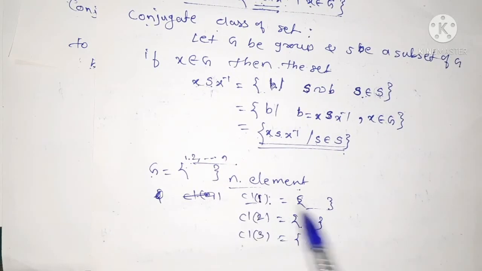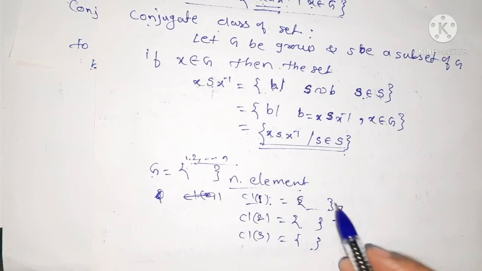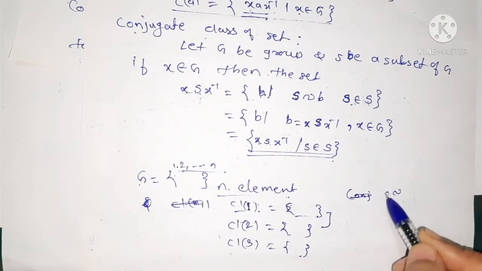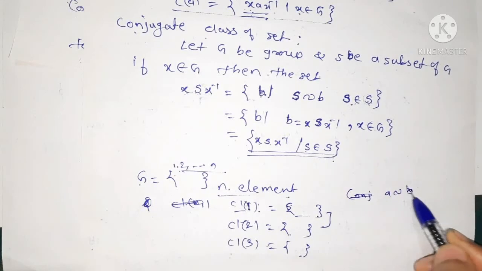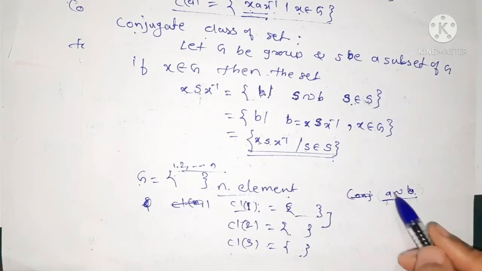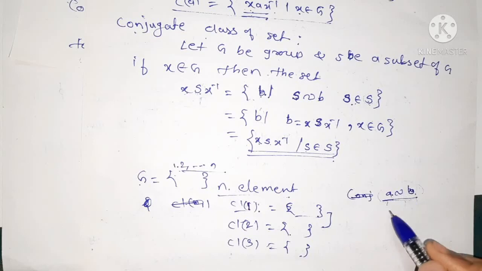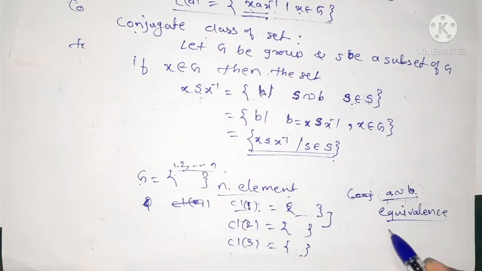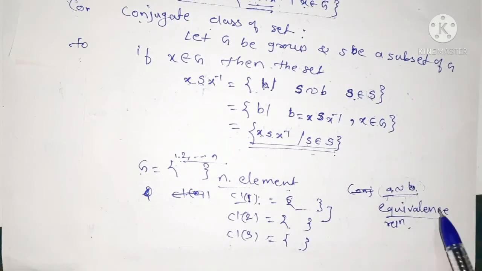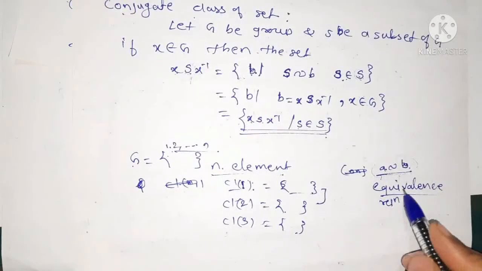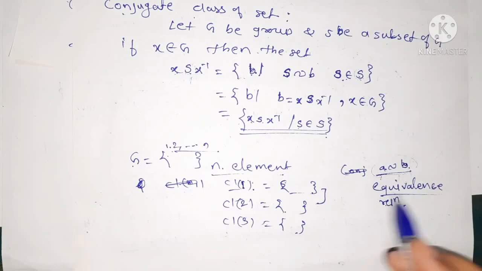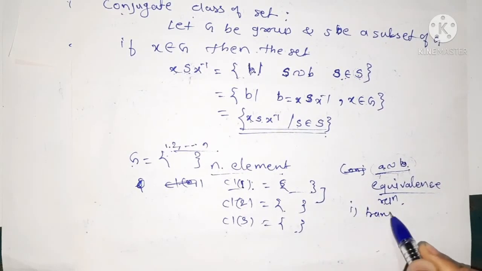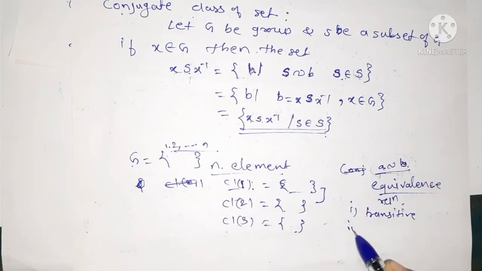This conjugate relation, that is A equivalent to B, is an equivalence relation. What does an equivalence relation satisfy?